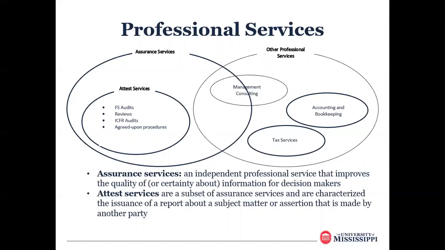If you can imagine a subject matter that someone would make an assertion about, then you could provide an attest service regarding that subject matter or that assertion. For example, if someone wants to sell a diamond, they might hire a professional accountant to attest to the quality of that diamond.